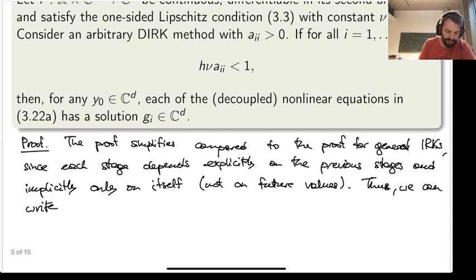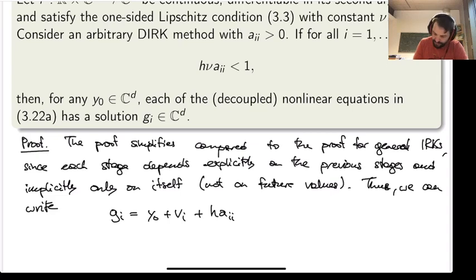So we simplify the notation by writing g_i is y0 plus v_i plus the final value, namely h a_ii f of g_i.